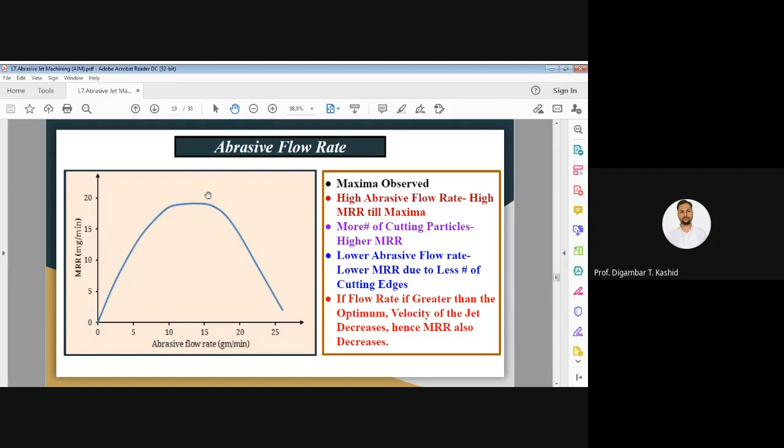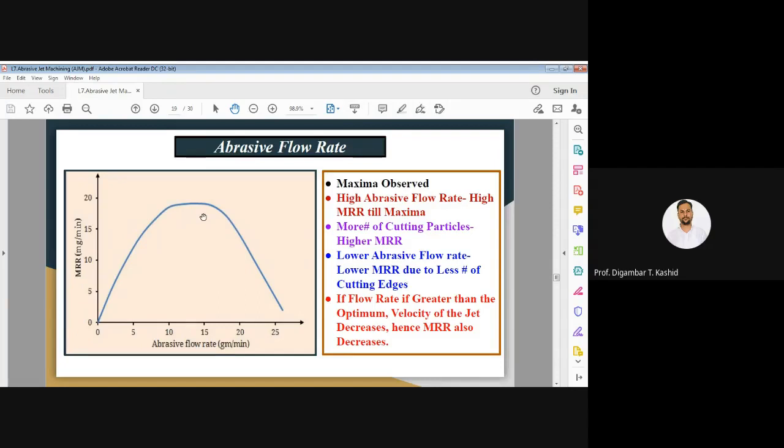Once again I repeat, as you keep increasing the abrasive flow rate, the number of abrasive particles that remove the material keeps on increasing, and as a result material removal rate is increasing up to the maximum, or up to this optimum value.